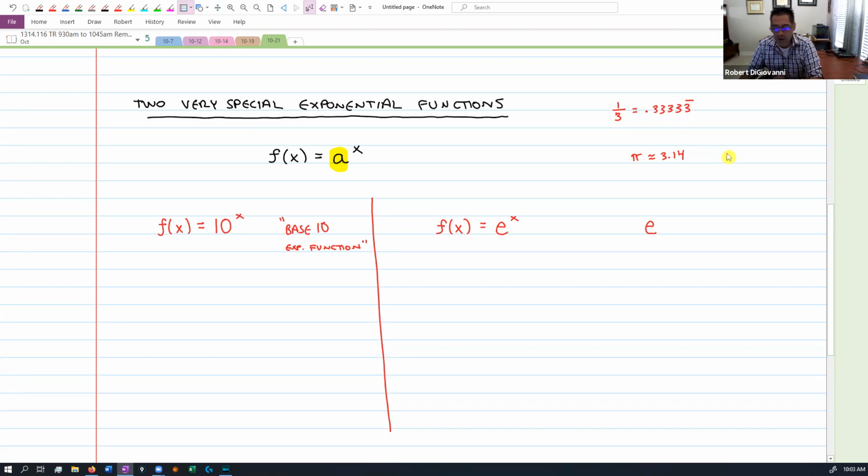And when you have a number like that, it is called an irrational number. It's a non-repeating, non-terminating decimal. I'll say it again: non-repeating, so it never repeats, and non-terminating, so it never terminates. That's an irrational number. This is called a rational number.